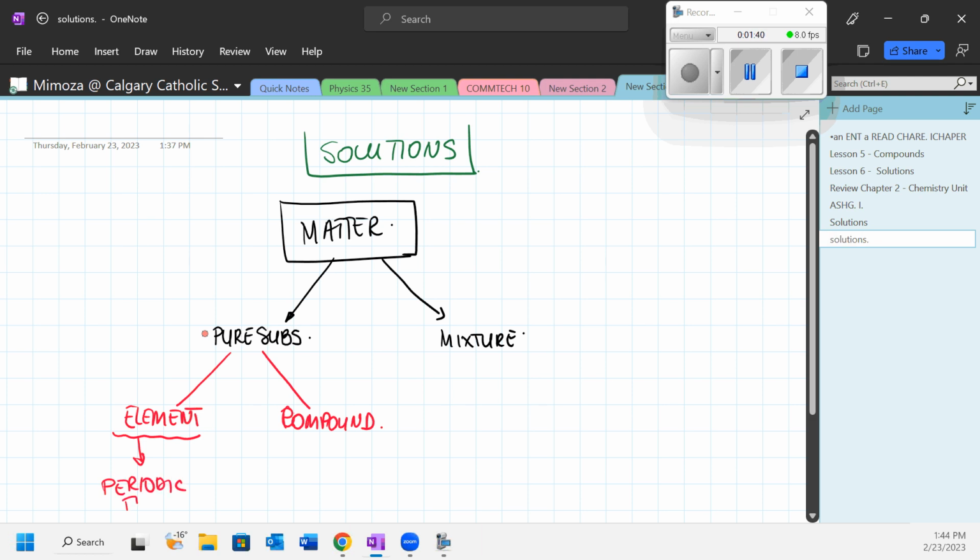We said that the periodic table is sorted initially from the lightest to the heaviest, and then in between there are some glitches where it's not like that.